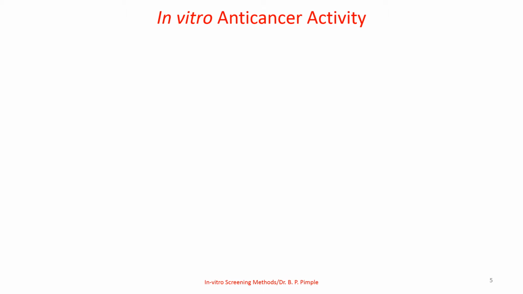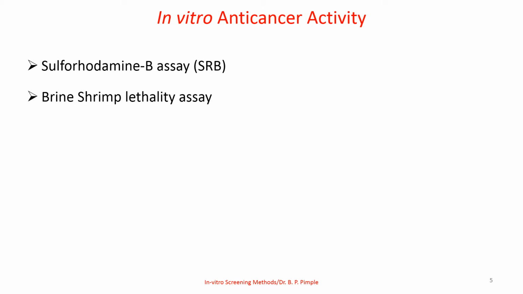For that, a few well-known methods are used. One is the Sulphorhodamine B assay, which uses a dye. Then the brine shrimp lethality assay, wherein shrimps, very small fish-like structures, are killed by the addition of test drugs. Then the MTT assay, also a dye, which helps in identification of the dead cells.